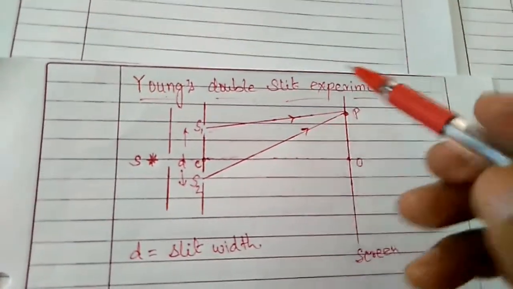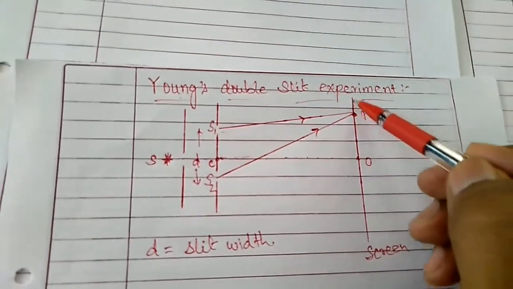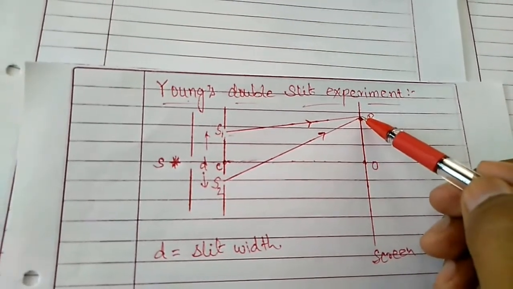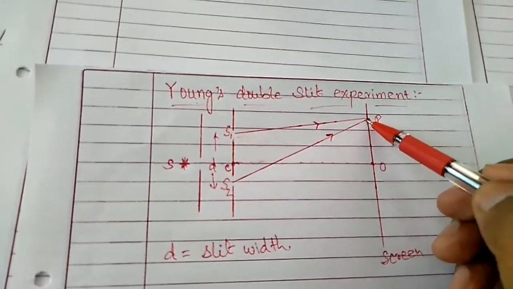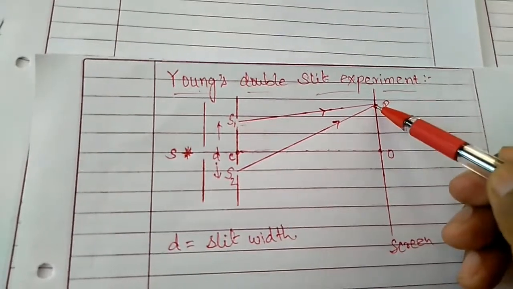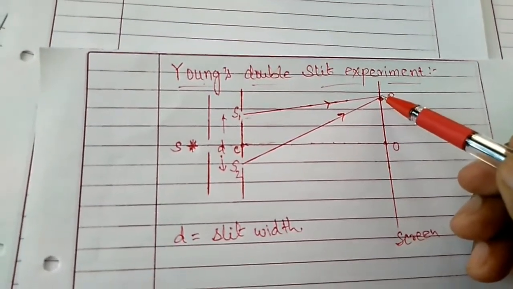So at point P, S1 and S2 are superimposing on the screen. If they are superimposing in the same phase, here it will be maxima, and if they are meeting out of phase, here it will be minima.